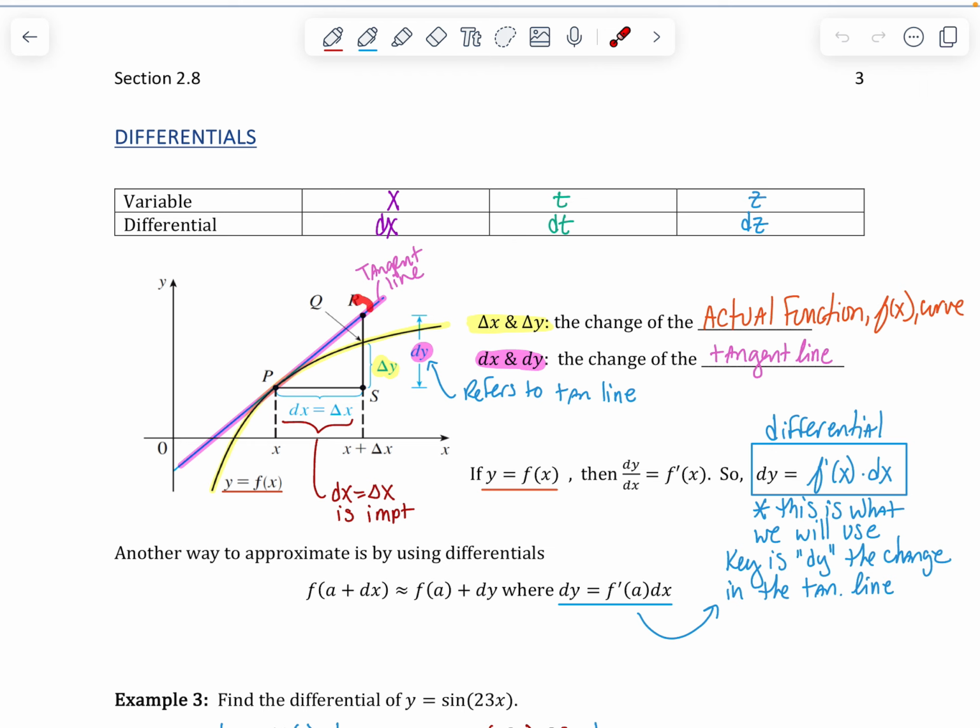But remember, sometimes we're talking about the tangent line, and the tangent line usually is not on the curve at the second point. So if we were going to the second input, instead of landing on the curve, we landed up here on the straight line, we want to know the difference from P to R, and this section is dy, because dy is referring to the tangent line.